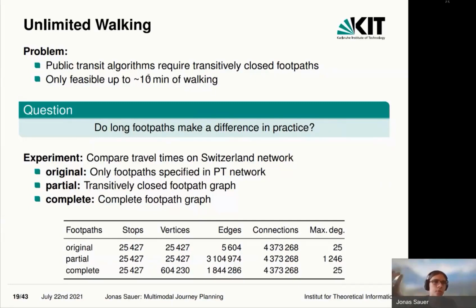So all stops within the city region will be connected with each other. And the maximum degree of a vertex here is actually 1,446. So we have cliques of more than 1,000 vertices in that graph.